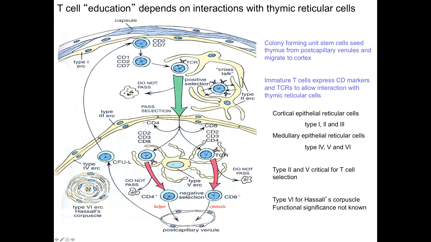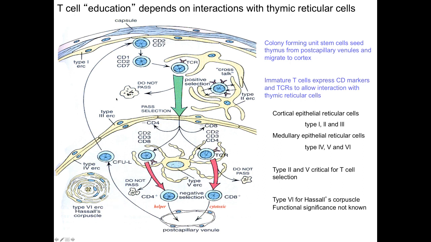Here are the type 2 cells playing a role in T cell maturation. Here are type 3 cells and type 4 cells near the border of the cortex and medulla. Type 5 cells in the medulla playing a role in T cell selection. And then the function of this type 6 cell may be not so well understood. The thymic epithelial reticular cell, the type 6 cell, might be the ones involved in the formation of the Hassall's corpuscles.